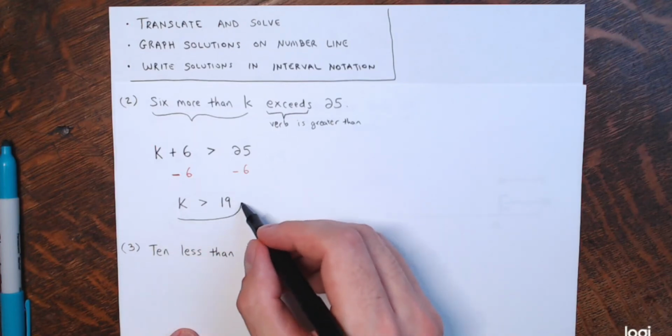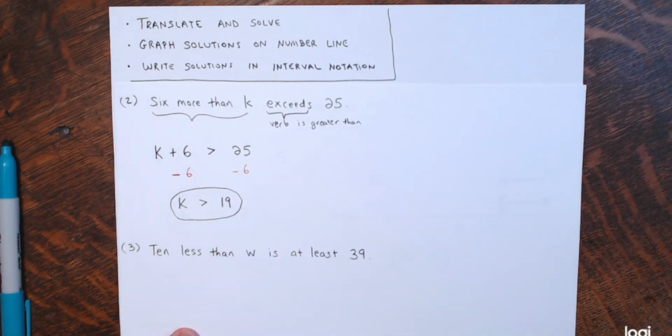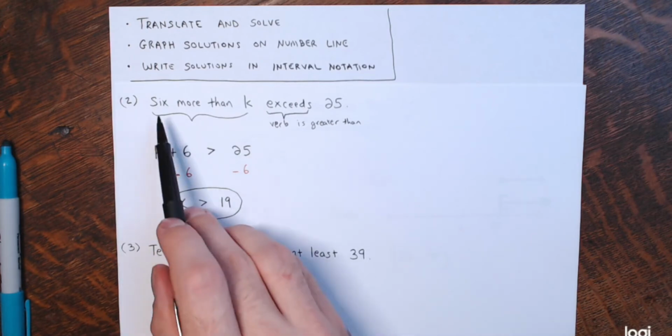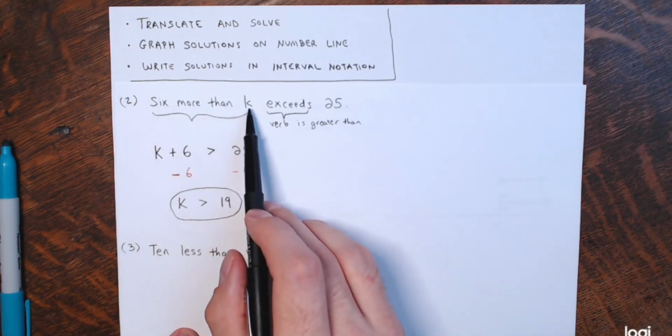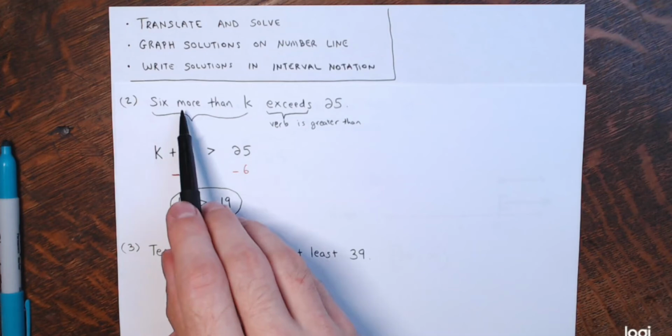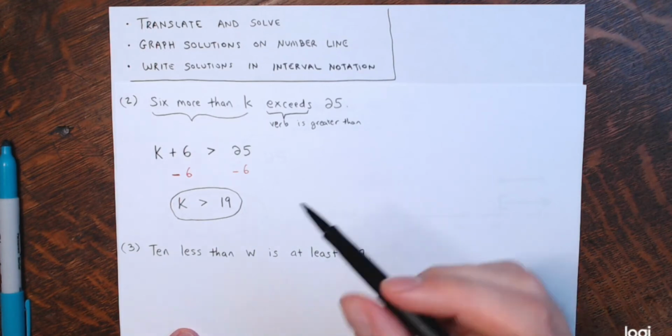So you could replace the letter k with any number greater than 19, and this would be a true statement, right? 6 more than 19.5, that'd be 25.5. That exceeds 25. Yes, it does. Replace k with 20, 21, a billion, and this statement will be true. Any number greater than 19 replaces k and would make that a true statement.